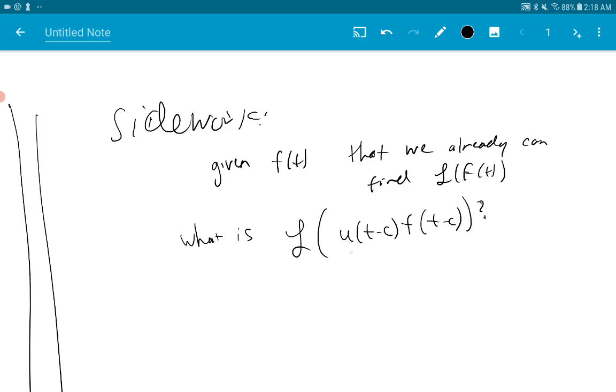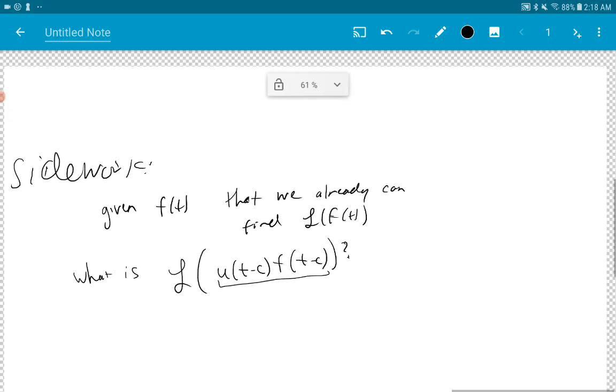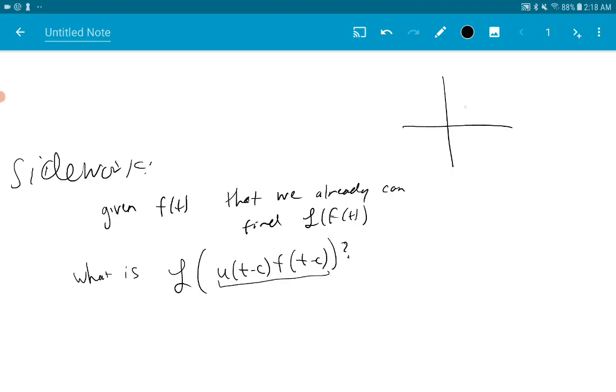Remember, this is one of the functions we saw in the last video. Suppose this function right here is the function f of t, and say this is the number 3.